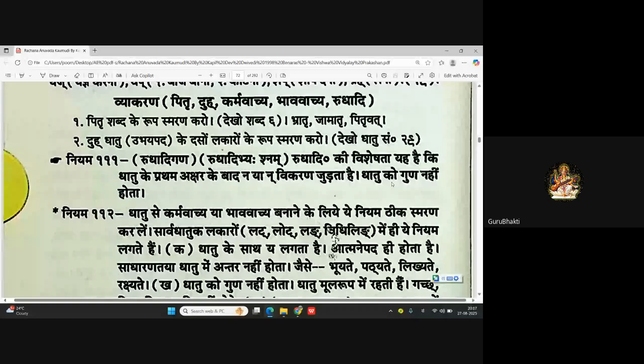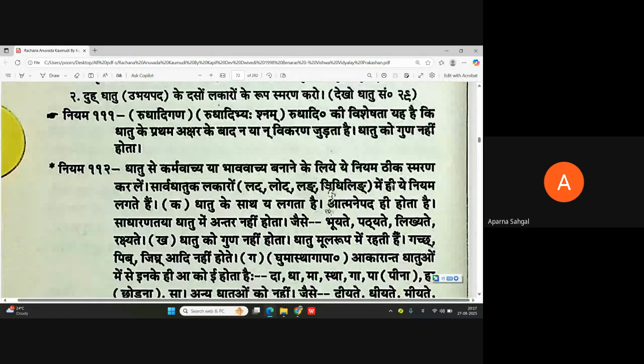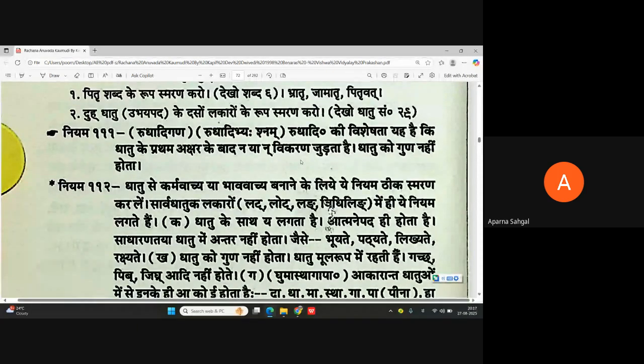So what we are learning right now is that in Rudadigana, shnam comes as vikarana pratyaya, but guna doesn't happen. That's all.